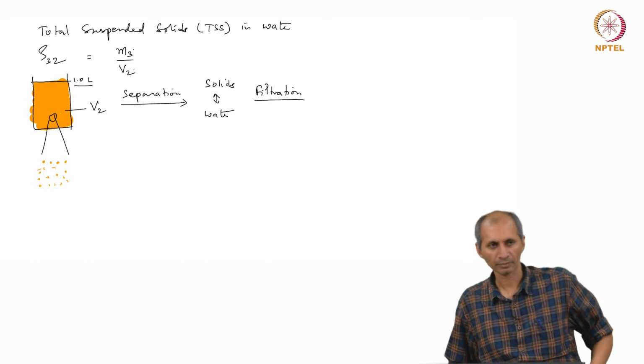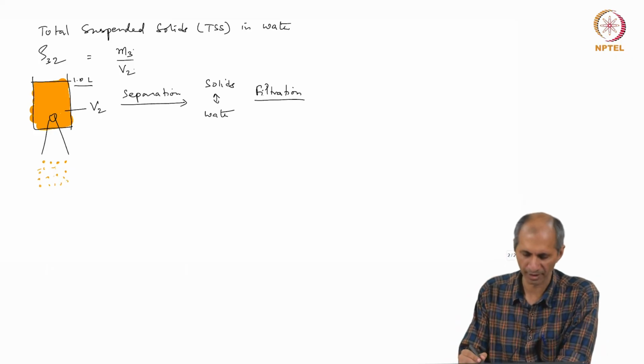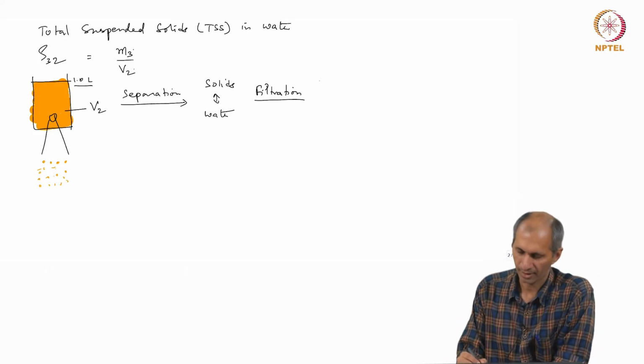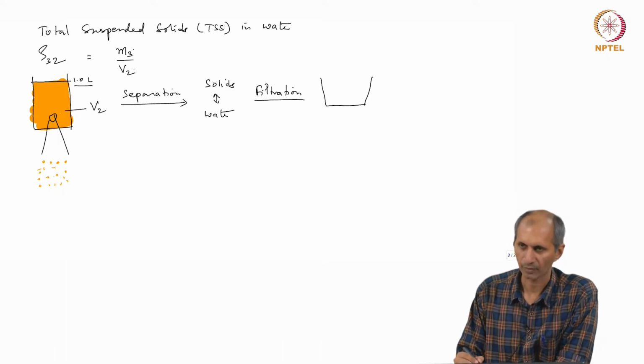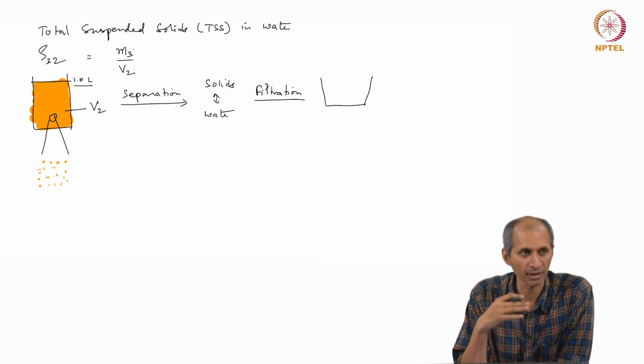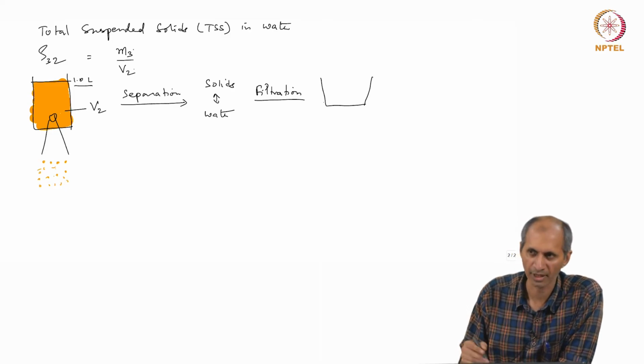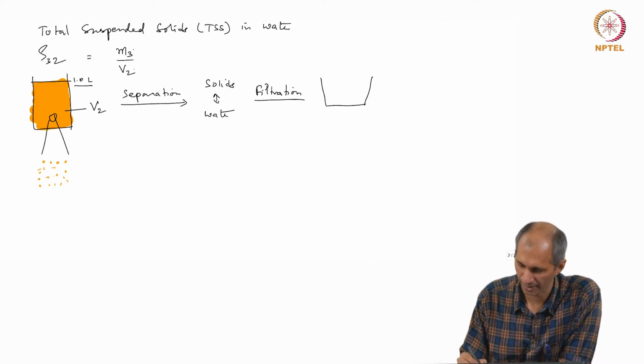Filtration. What we do by filtration is, I take a filter. I need to trap these particles physically, I need to contain them physically using a filter, some kind of a straining device.